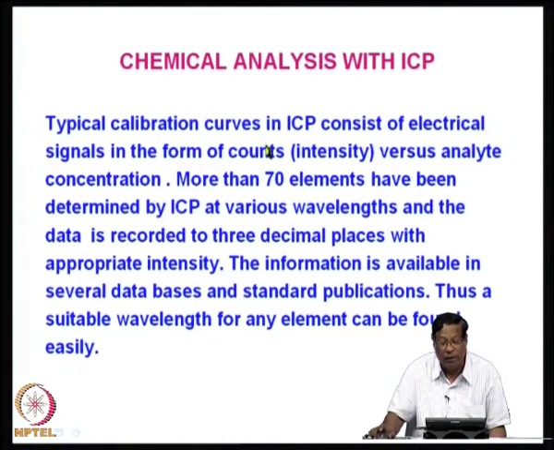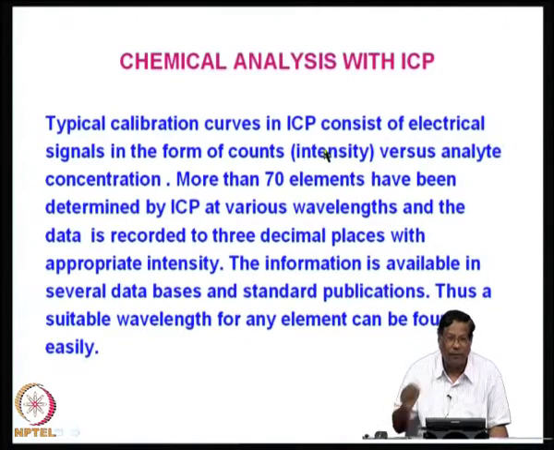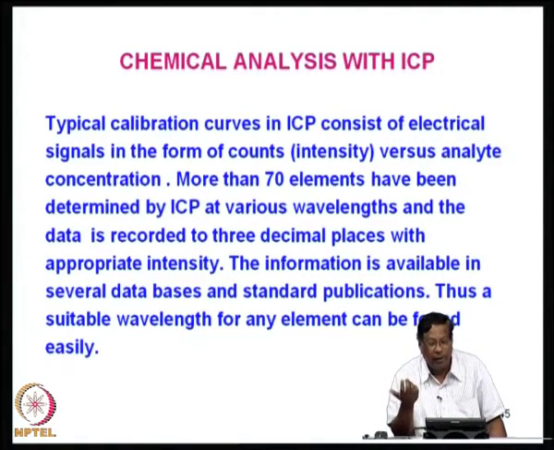So, it is not element specific in the sense that only the electrical counts available at a particular wavelength you have chosen, and slit and other conditions at the time of making the calibration, we are using only the counts, that is the number of photon hits recorded.